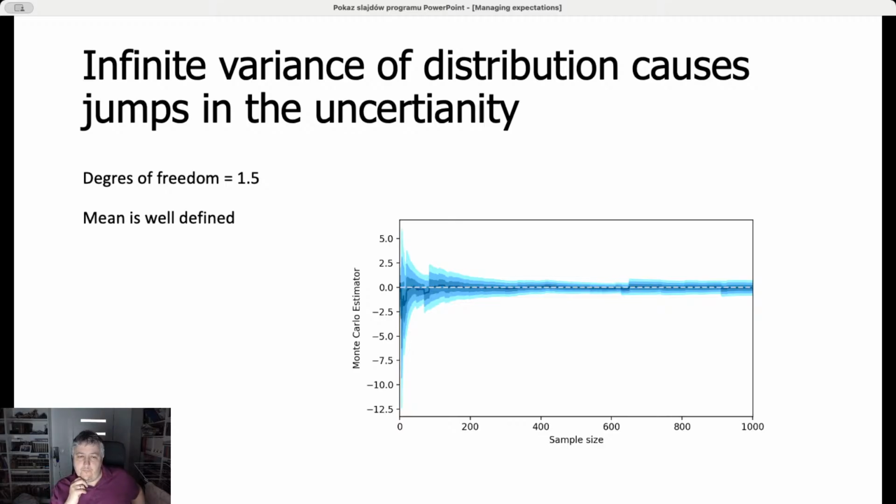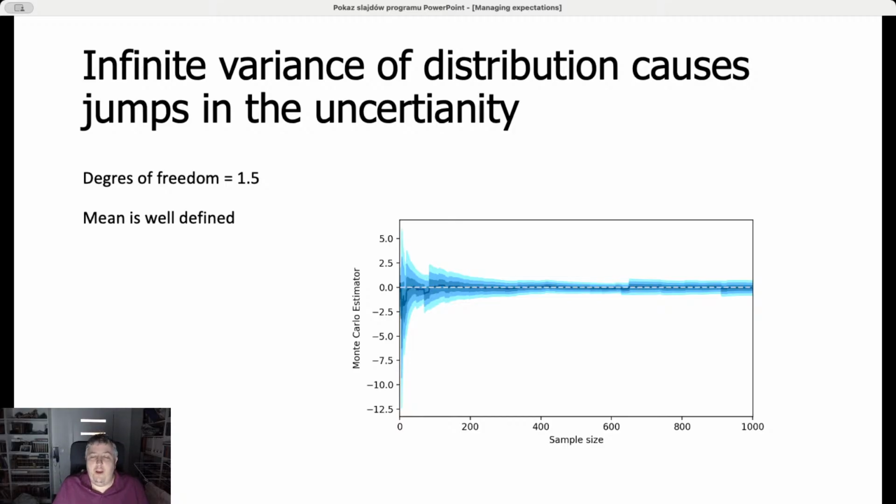And even if the variance exists, even if the expected value exists, there are still issues with using the estimator, because the variance of that estimator can be very jumpy, because it is not defined.